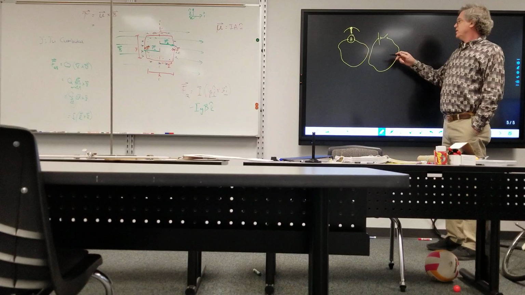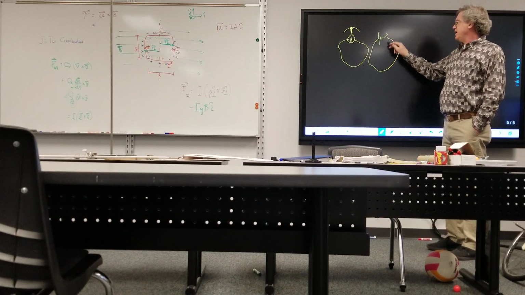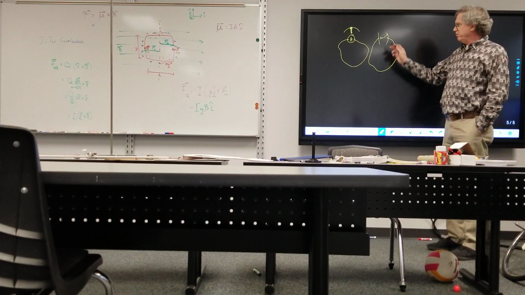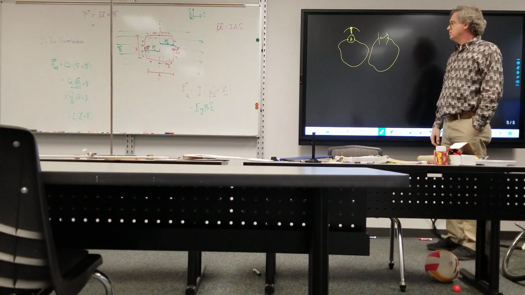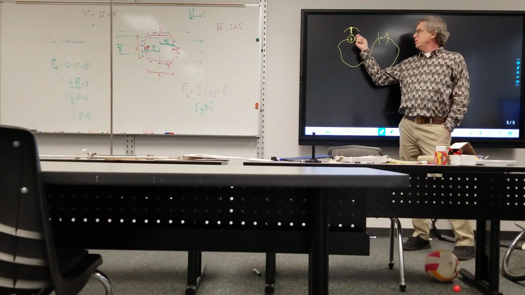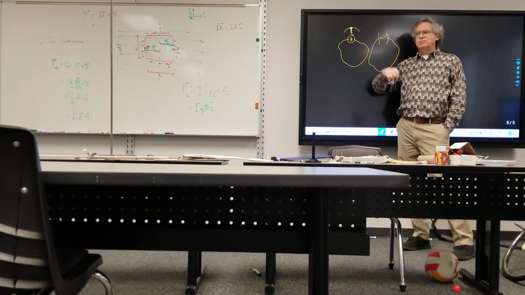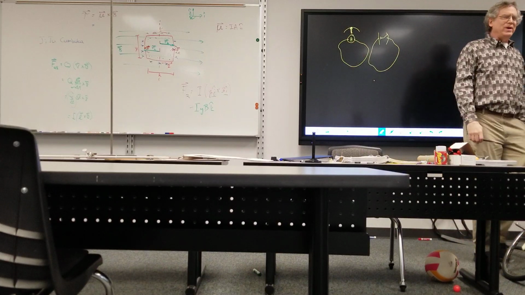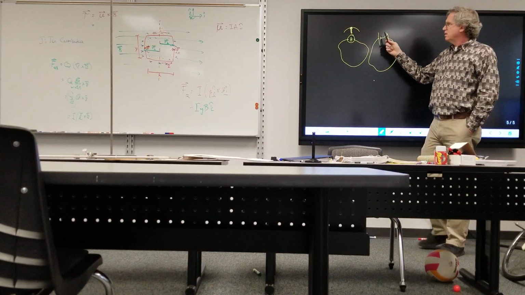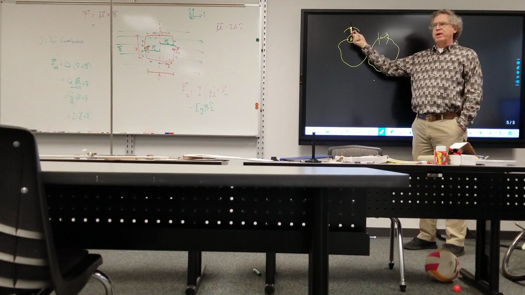And what he noticed is that when he connected the switch to get a current flowing through this right-hand wire, the needle over on the left-hand side would flick and then go back to neutral. When he disconnected, the needle would flick the other way and then back to zero.